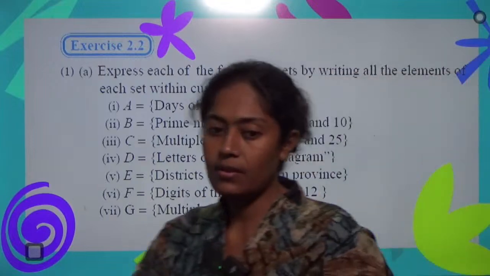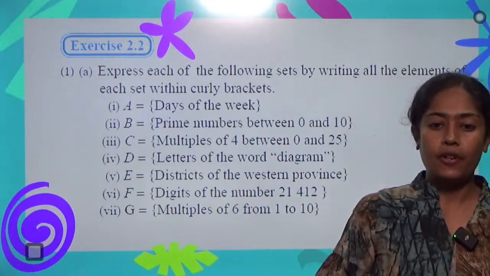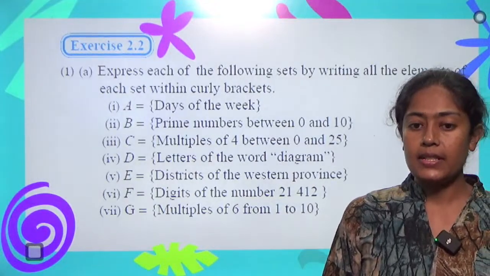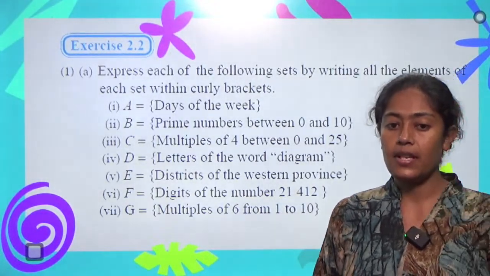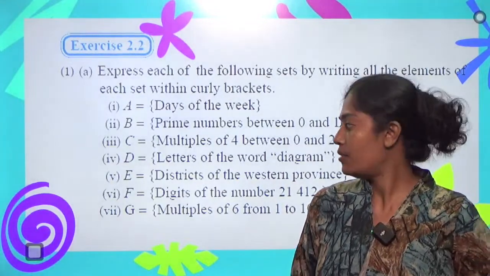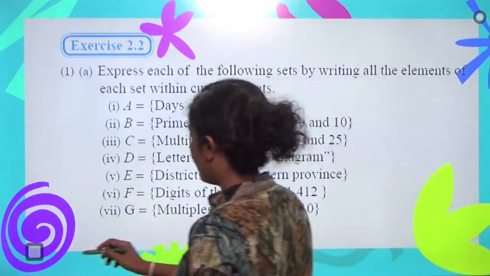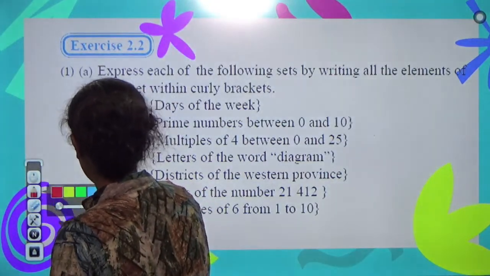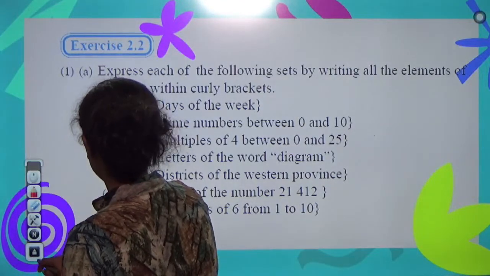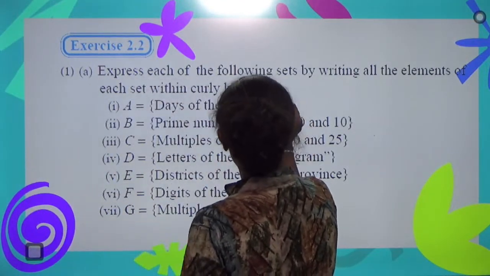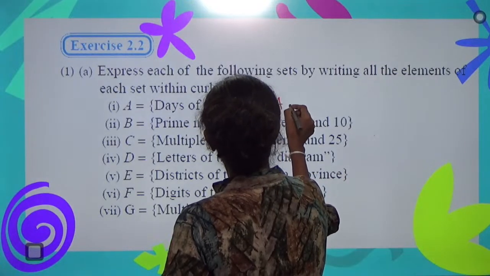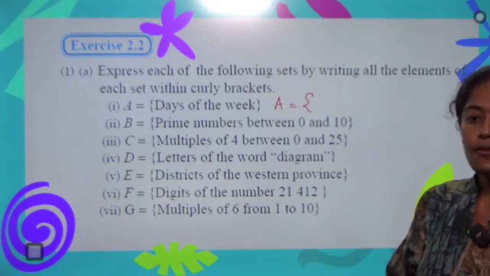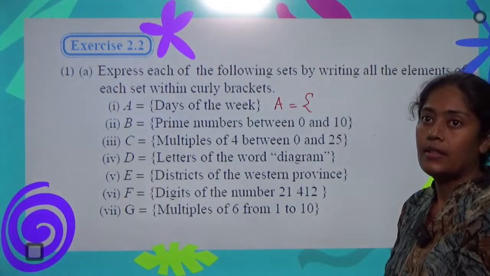Right, first question: express each of the following sets by writing all elements of each set within curly brackets. First one they have given days of the week. So you have to write A, the name of the set is A, then equal, and within curly brackets you have to write the names of the days.